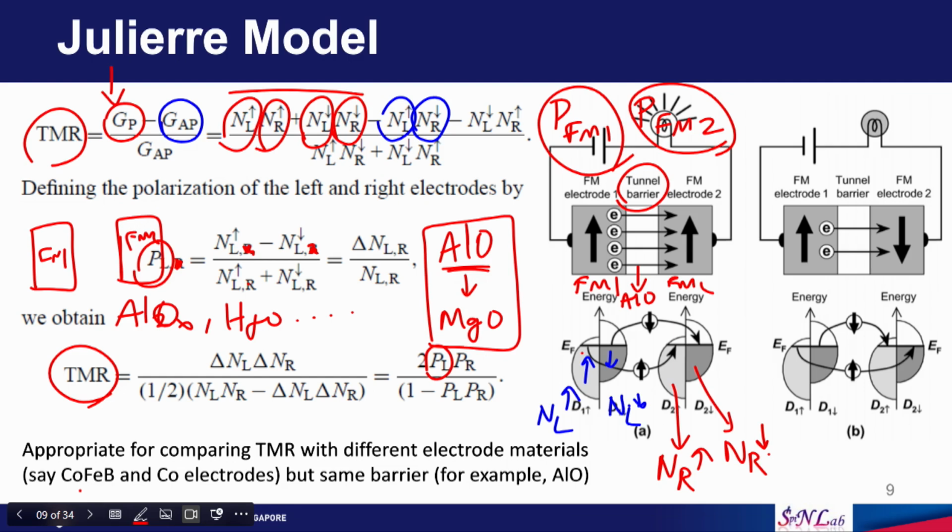But if you are inserting various oxides, for example, aluminum oxide, hafnium oxide, some titanium oxide whatsoever, and you are studying the different oxides and measuring the TMR, then you cannot use the Julliere model to explain your result, because the Julliere model ignores the barrier layer.